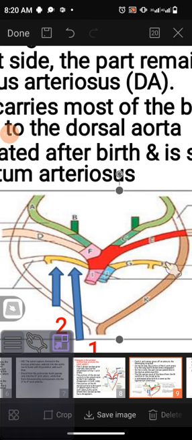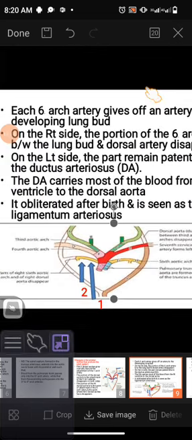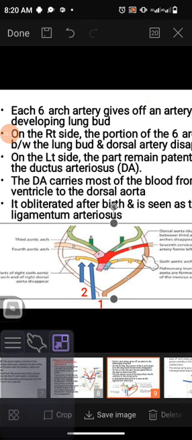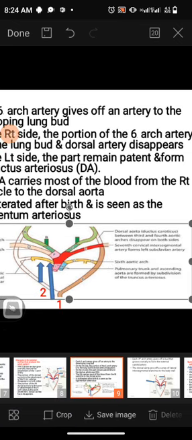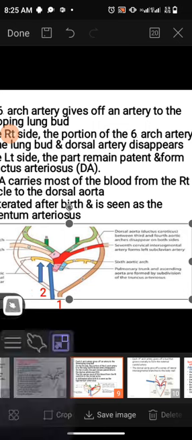This ductus arteriosus is responsible for carrying blood from the right ventricle to the dorsal aorta. Yes, it allows blood to be passed from the right ventricle to the dorsal aorta.